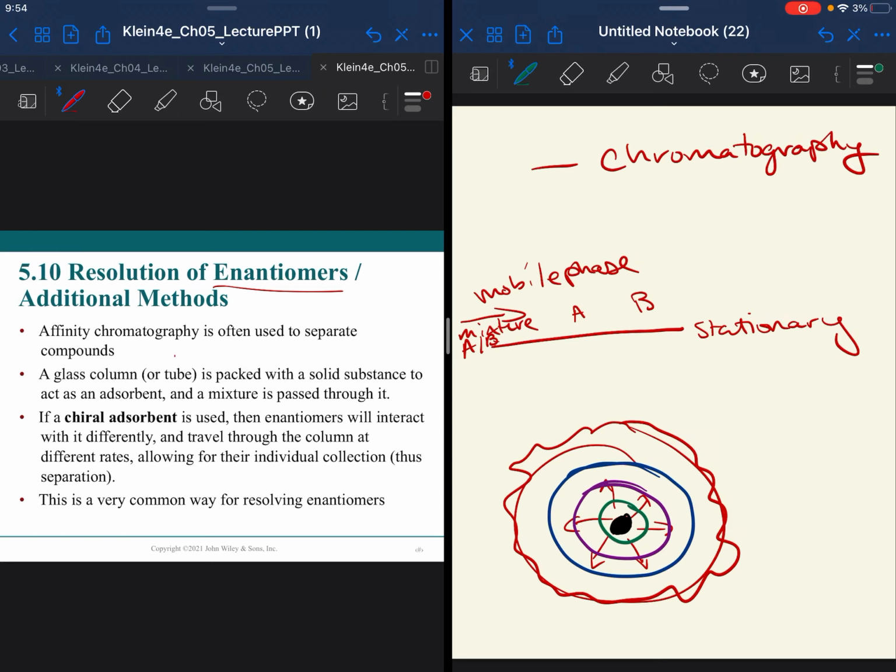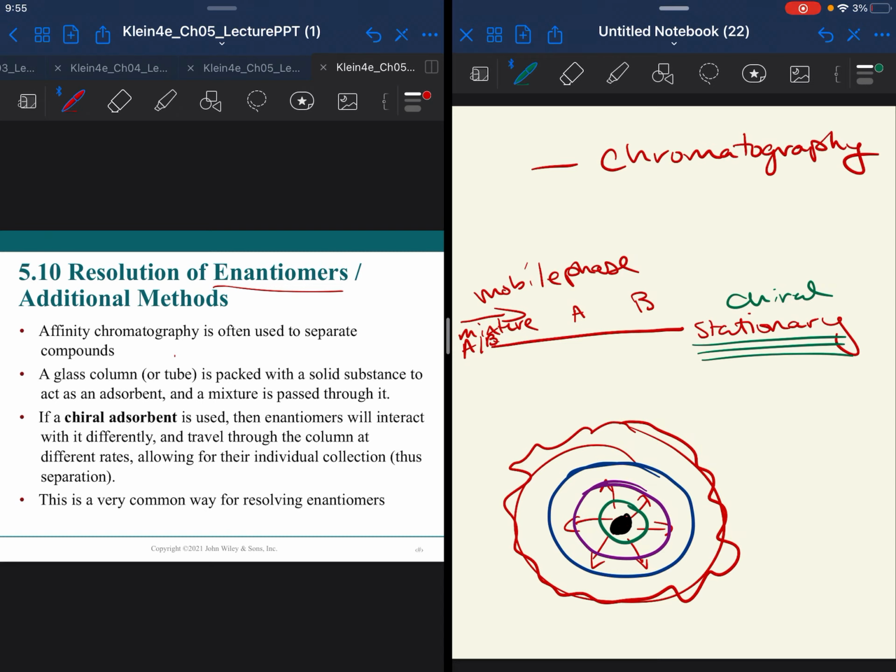Well, you can do that with a lot of different mixtures as long as your stationary phase interacts with the different components. And we do know that enantiomers not only have different optical activity, but they react with other chiral compounds differently. So instead of using paper like in a coffee filter, you can use a chiral stationary phase.